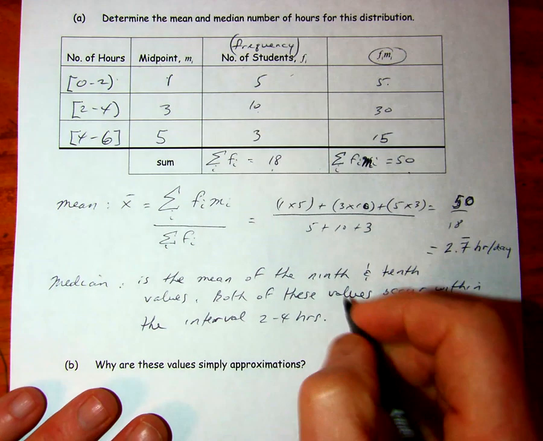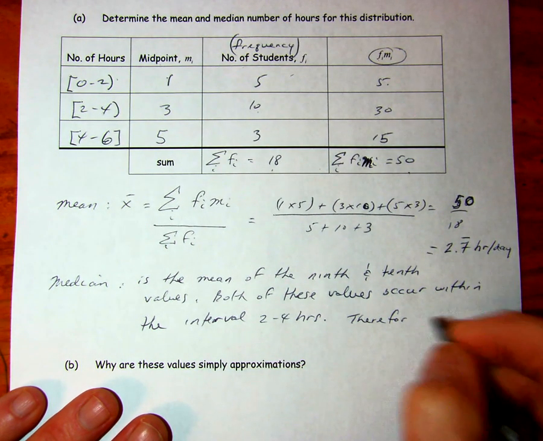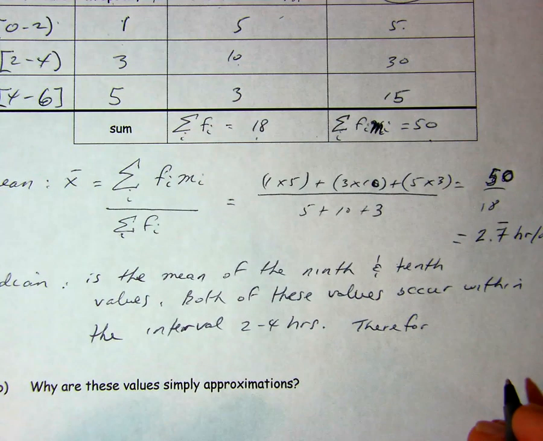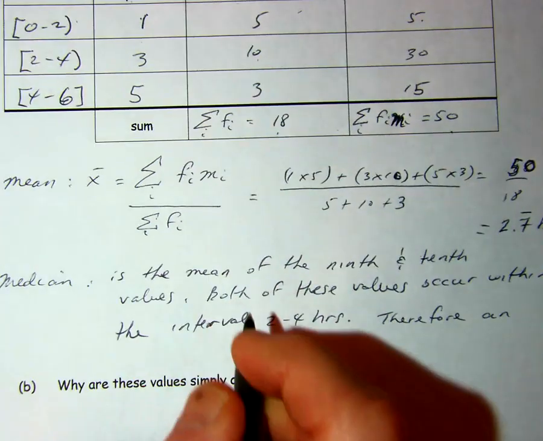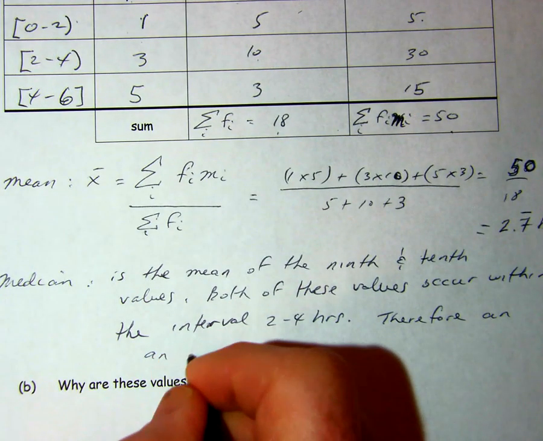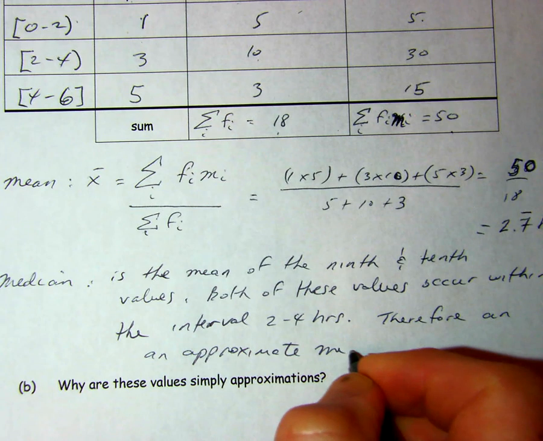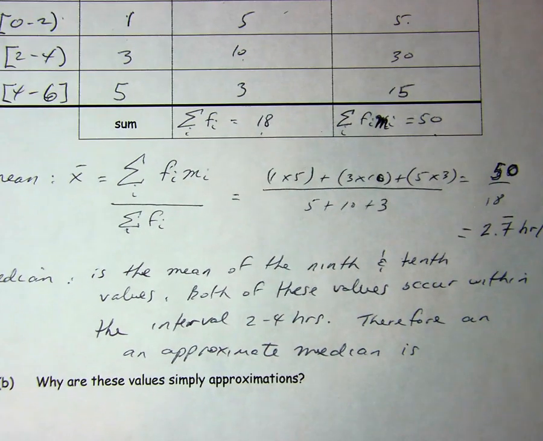Therefore, an approximate median is, I want one number.